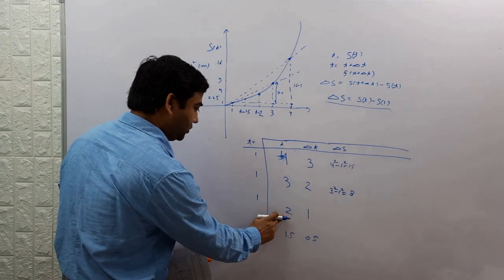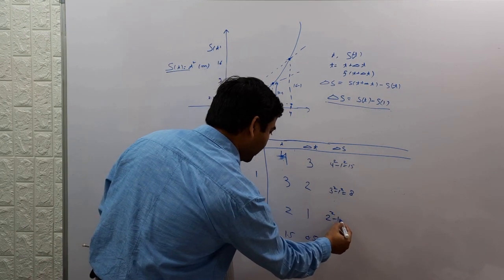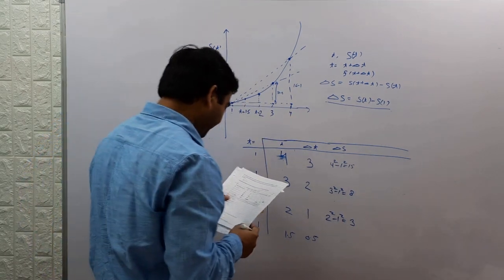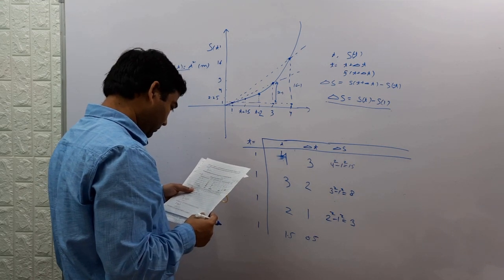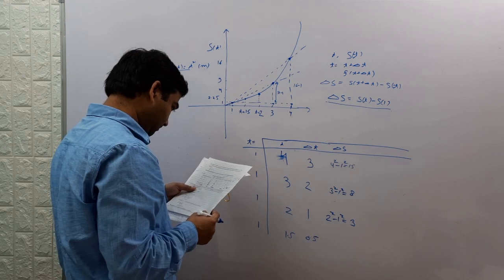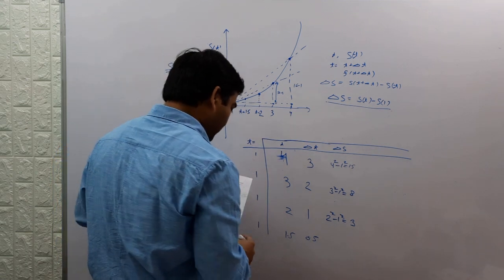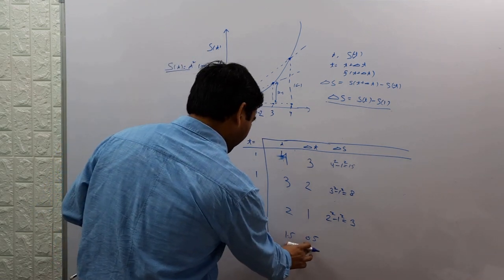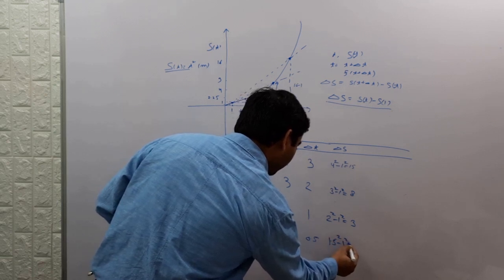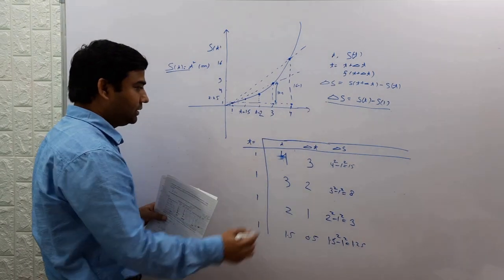For t equal to 2, delta s is 2 square minus 1 square, which is equal to 3. Similarly, for delta t equal to 0.5, delta s equal to 1.5 square minus 1 square, which is 1.25. That is delta s.